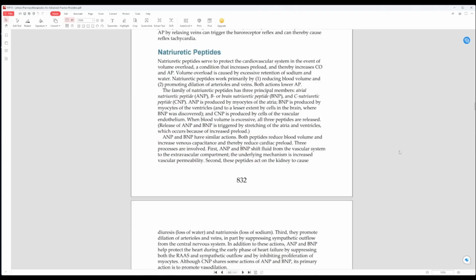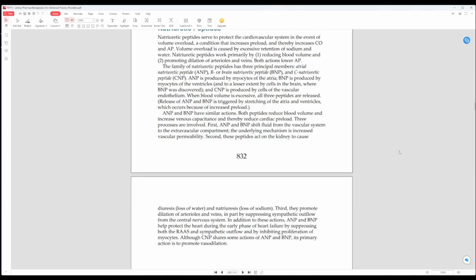Which brings us to the natriuretic peptides. Natriuretic peptides serve to protect the cardiovascular system in the event of volume overload, a condition that increases your preload and thereby increases cardiac output and arterial pressure. Volume overload is caused by excessive retention of sodium and water.